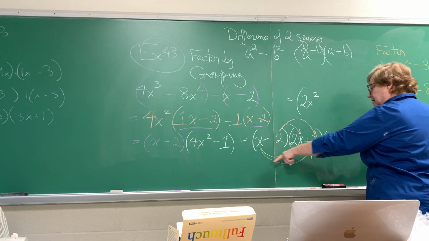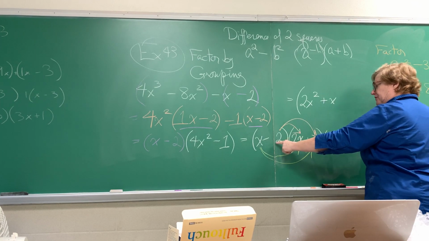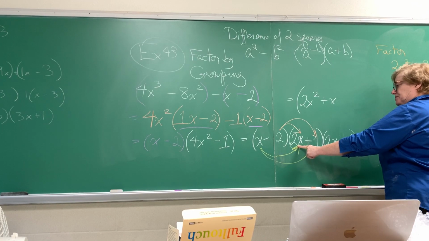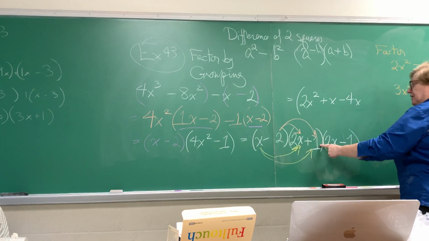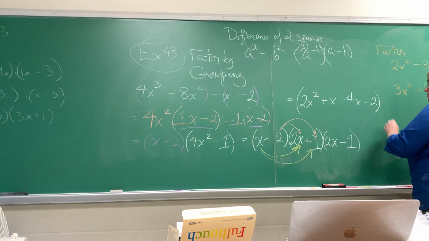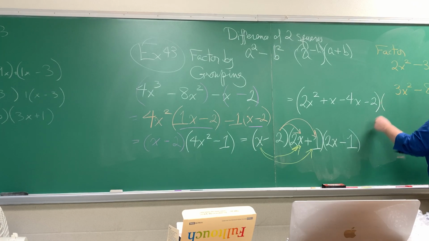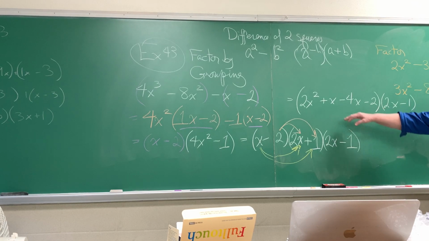We have x times 1. X. We have negative 2 times 2x. 4x. We have negative 2 times 1. And that's all still multiplied by 2x minus 1.